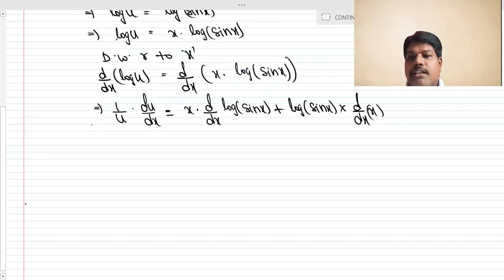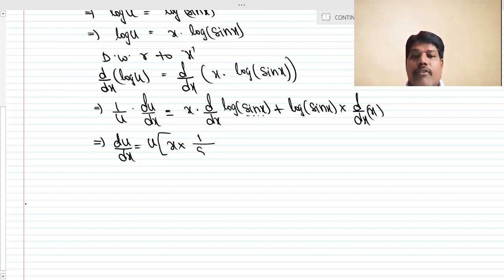Then I will take this u to that side. What happens? du by dx is equal to u into, x into derivative of log f of x, which is 1 by f of x into derivative of f of x.